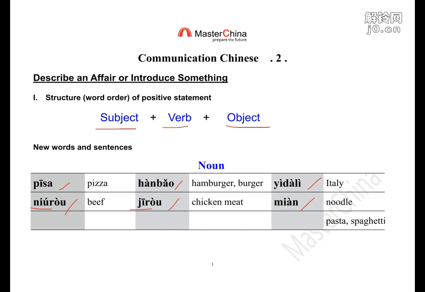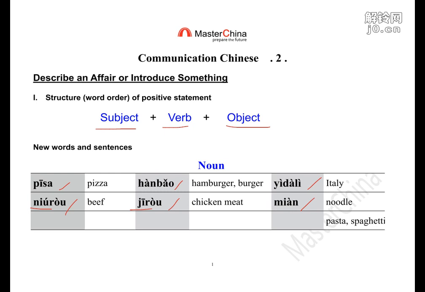So 牛 means cow, cattle, or ox. So all this we call it 牛 together. So 牛肉, we put the 牛 and the 肉 together is beef. 鸡肉, same. So chicken is 鸡 and meat, 鸡肉 together.